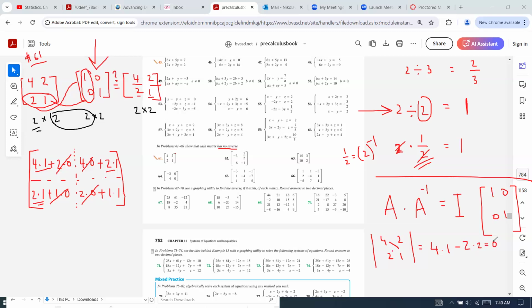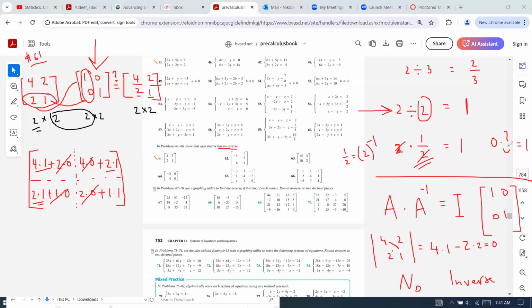And if the determinant is 0, then we have no inverse, just like for the numbers that we are trying to find the reciprocals of. If you try 0, the question is, what should I multiply this by in order to get 1?